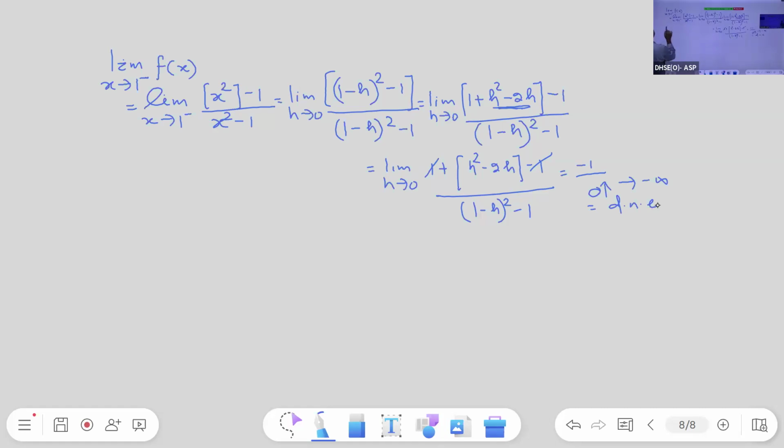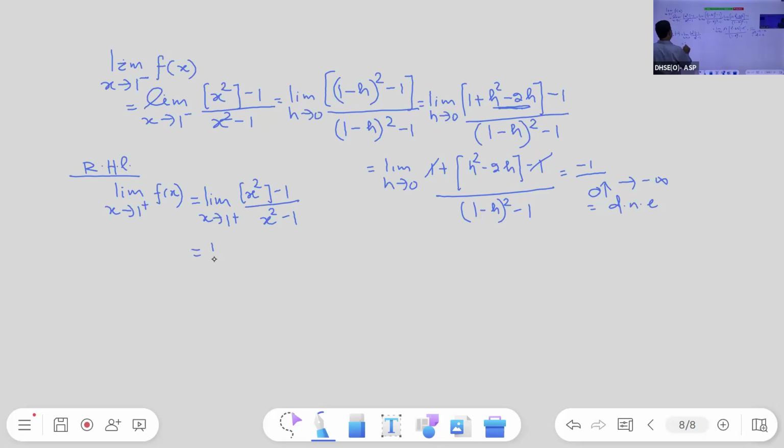Let me calculate the right hand limit of the function at x is equal to 1. Limit extending to 1 plus f of x is equal to limit extending to 1 plus of bracket x square minus 1 upon x square minus 1.